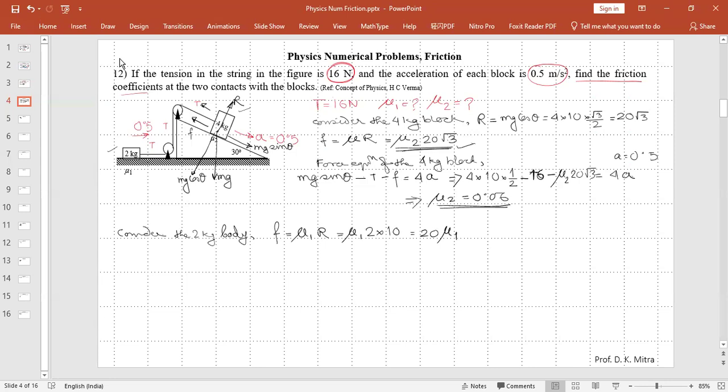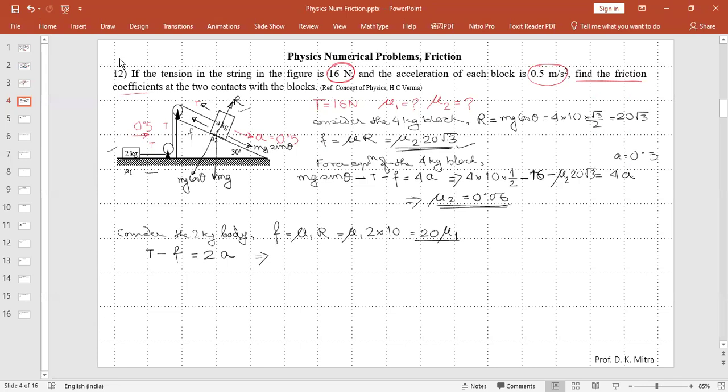If we write the forces in the horizontal direction, then we find the horizontal force T minus the force against the motion, which is F, which is 20 mu1, will be equal to mass 2 kg into acceleration a. Acceleration a is given, the frictional force is 20 mu1, and tension is also given.